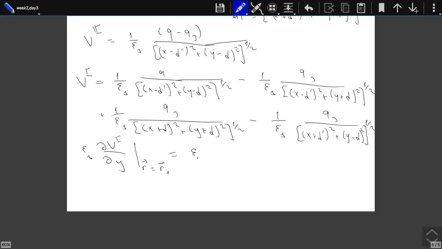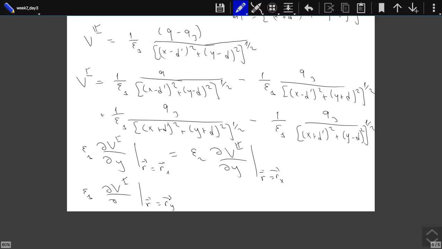This should be equal to epsilon 2 times del V2 by del y at r equal to rx. And on the other surface, what is the normal direction to the surface? It's the x. Here we have the vertical, this is the x-axis.